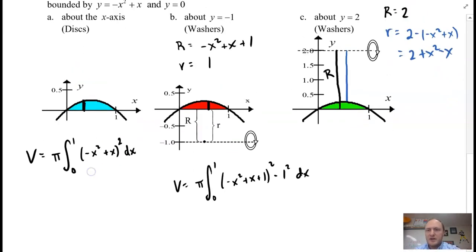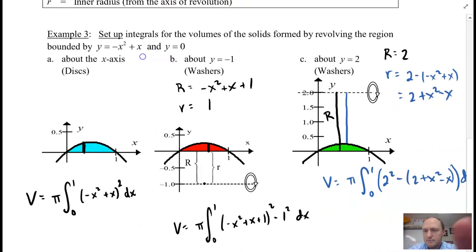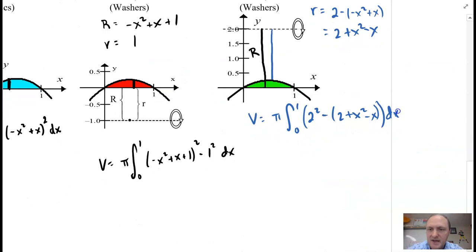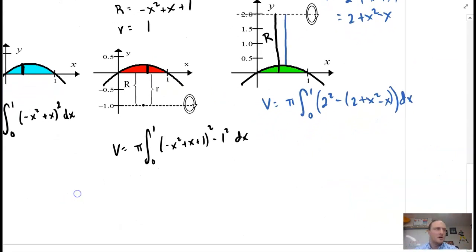So here our volume will be pi times the integral from 0 to 1 of big R squared, 2 squared, minus your little r squared, which will be 2 plus x squared minus x, squared, dx. All right.